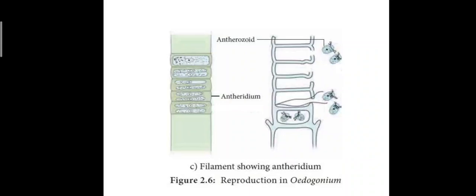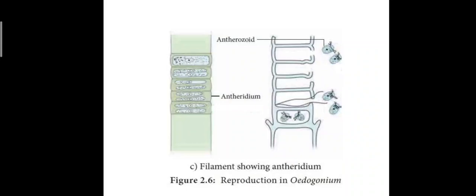In macrandrous species, the male and female filaments are morphologically similar. Let us discuss the sex organs in macrandrous species first. First, let us see the antheridial formation.